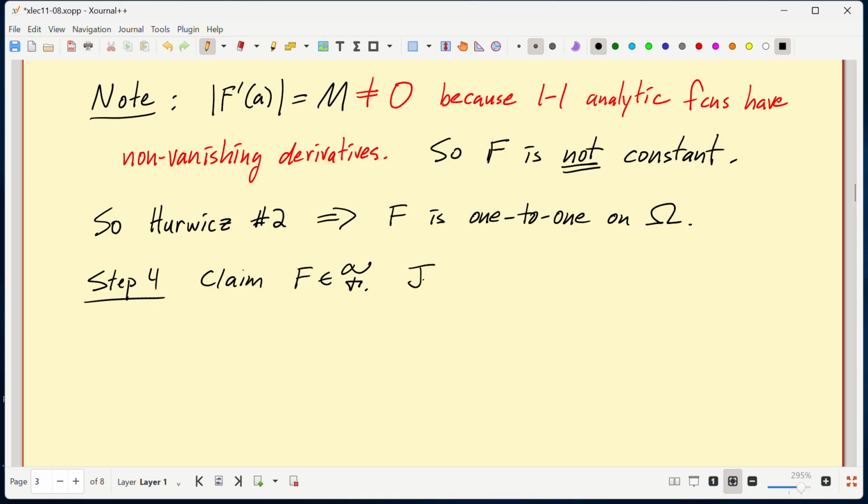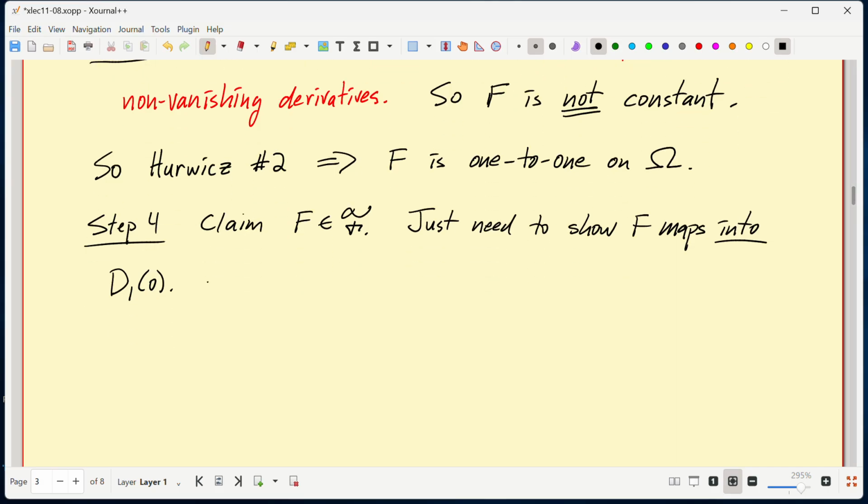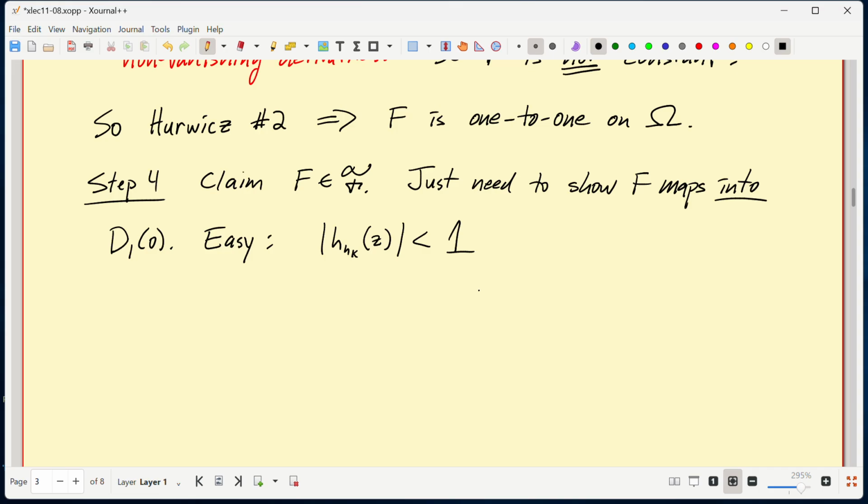So we just need to show F maps into the unit disk. Well, let's see. How do we know that? That's easy. All the HNKs are less than 1. So the limit is less than or equal to 1.